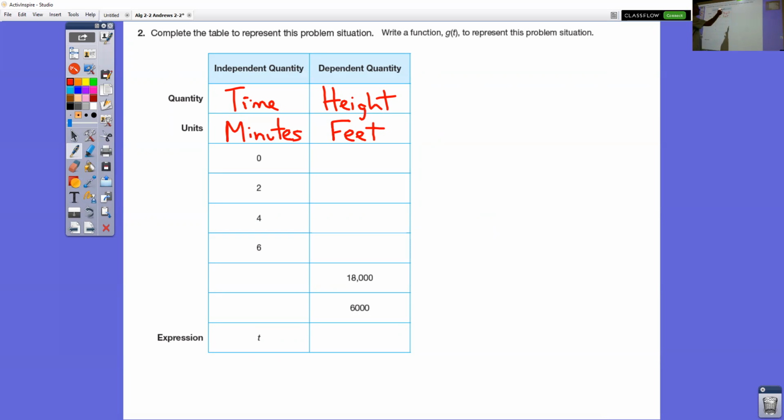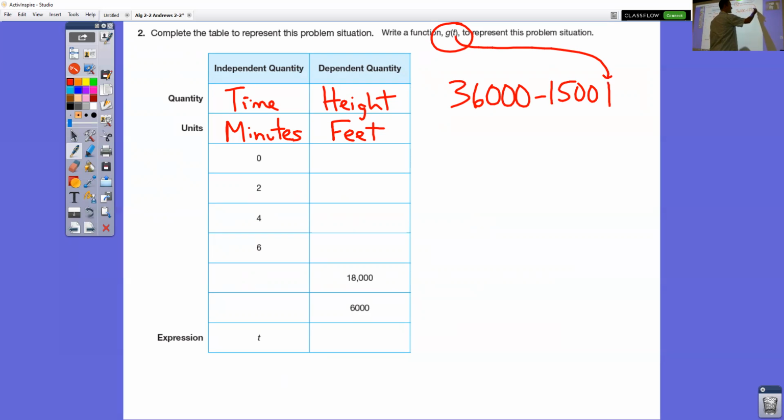So we need to come up with a function. Notice that it says to use g of t. So when we go to write this function to represent the problem, it said that the plane was starting off at 36,000 feet, and it was descending, or going down, 1,500 feet per minute. So 1,500, they want you to use t, so we're going to say 1,500t.